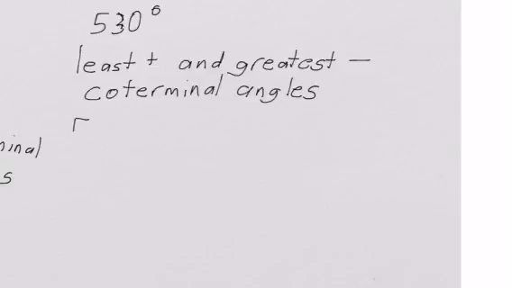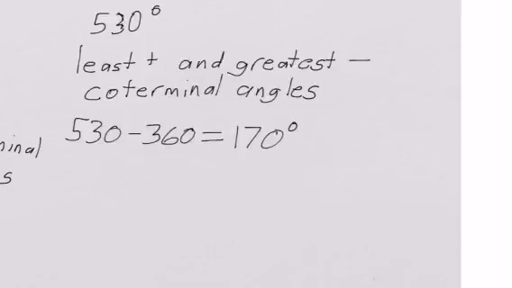So, I'm going to take my 530. I know that a coterminal angle has to differ from it by some multiple of 360. So if I subtract 360, that's going to give me a coterminal angle and that has a measure of 170 degrees.